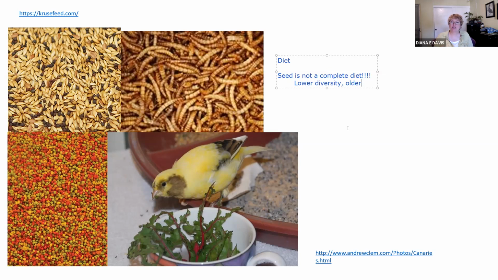So certain vitamins, especially vitamin D, will break down. And there's this other bit. Wild birds usually also eat some insects. So that's not going to be in a seed mix.